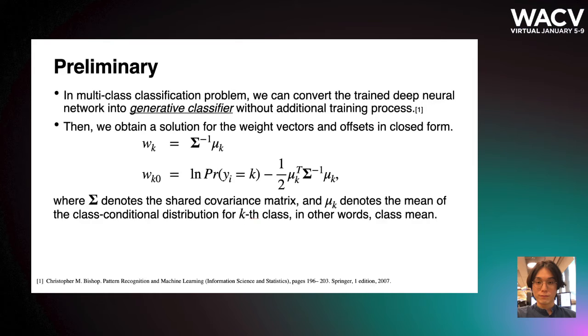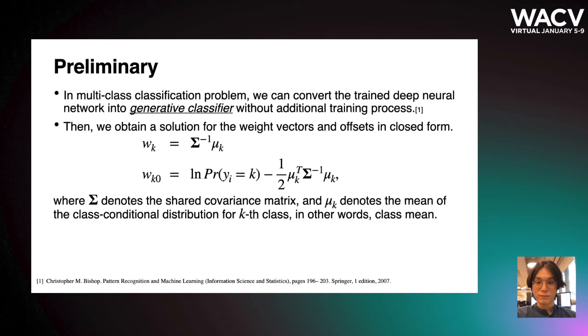Before we go further, let me introduce some simple linear algebra. When we train a neural network for classification, we are training a discriminative classifier. The discriminative classifier can be converted into a generative classifier without an additional training process. Using Gaussian discriminant analysis, we can calculate the closed form solution for the weight vectors and offsets.